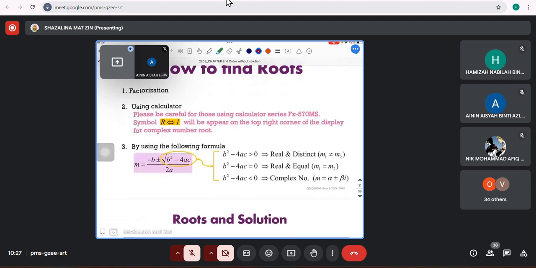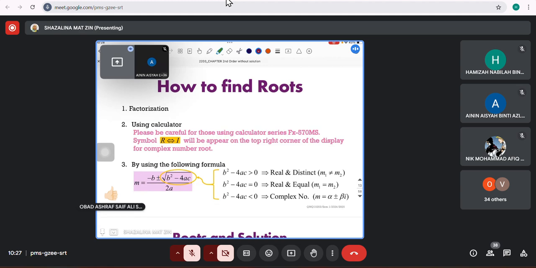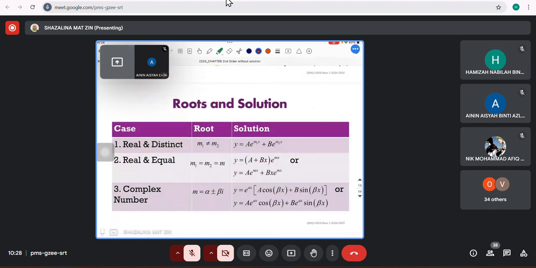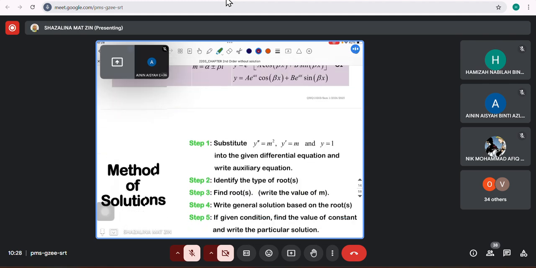Any questions? These are the notes, the formulas that I have summarized just now. This is y, and this is the solution, depending on the value of m. Any questions?